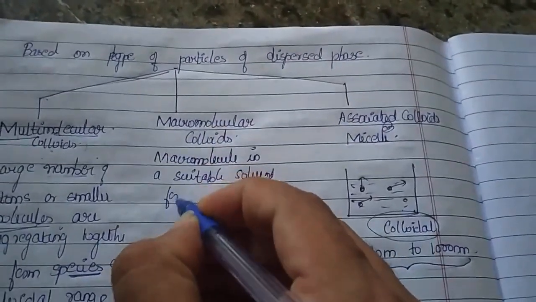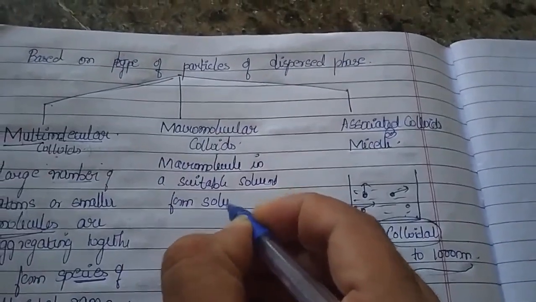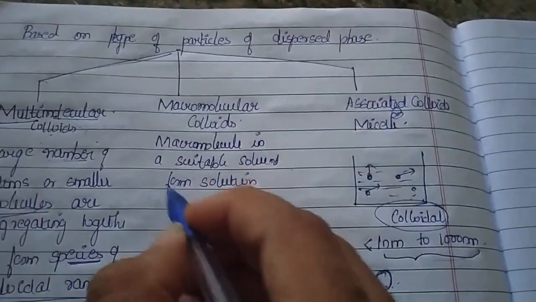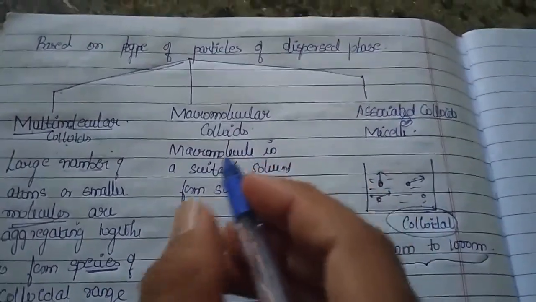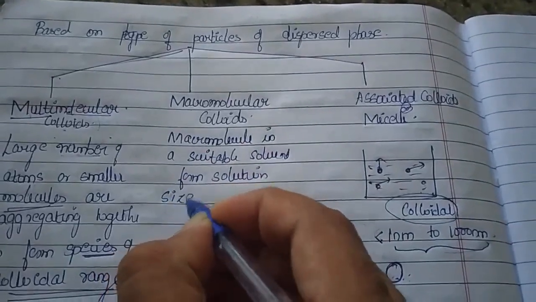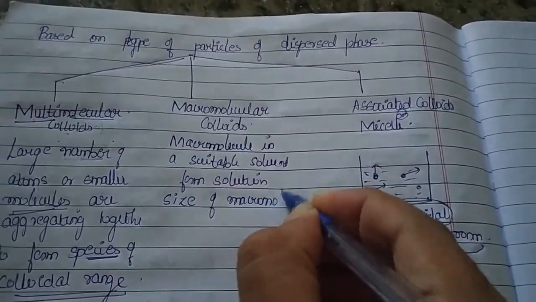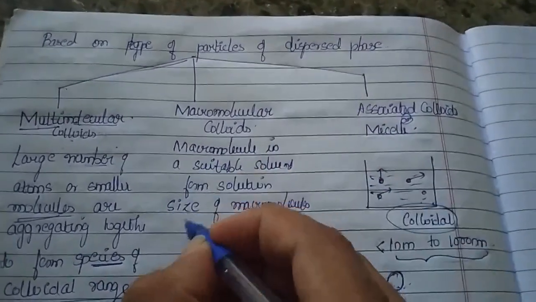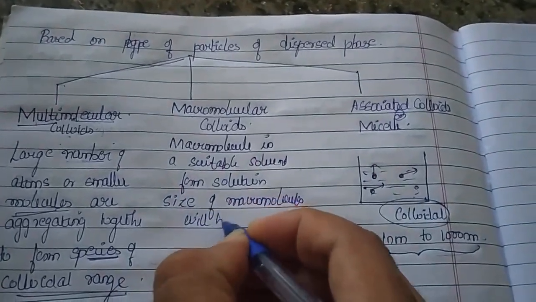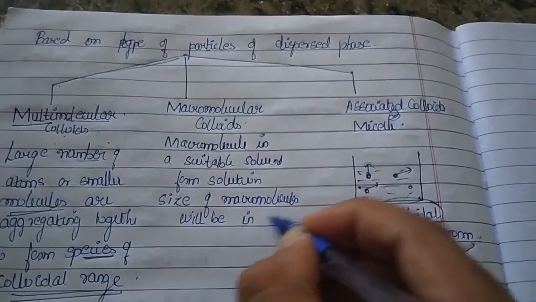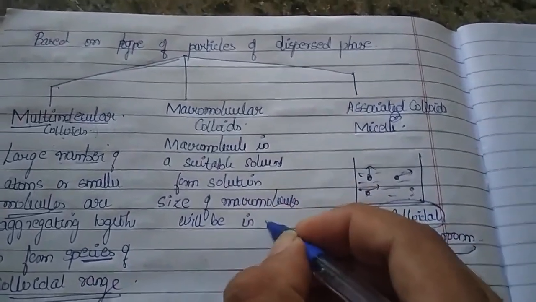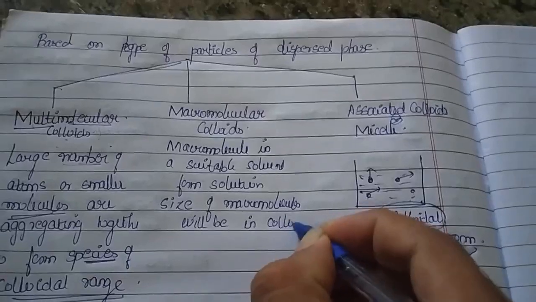It forms a solution. In this solution, the size of your macromolecules will be in the colloidal range.